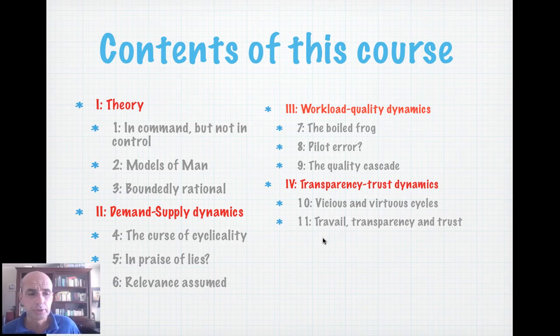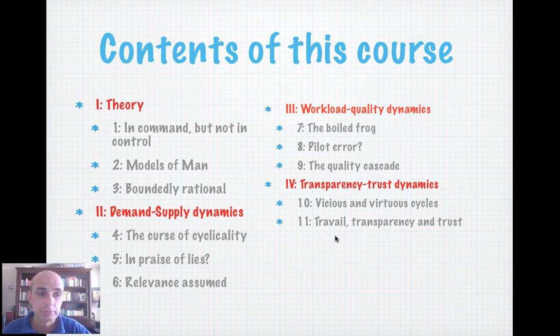Travail, Transparency and Trust is from a project in Philips, early 2001-2002, where there was a big fight between the part of Philips that makes optical storage products and the part that supplies to that other part the chips, the ICs needed for that.